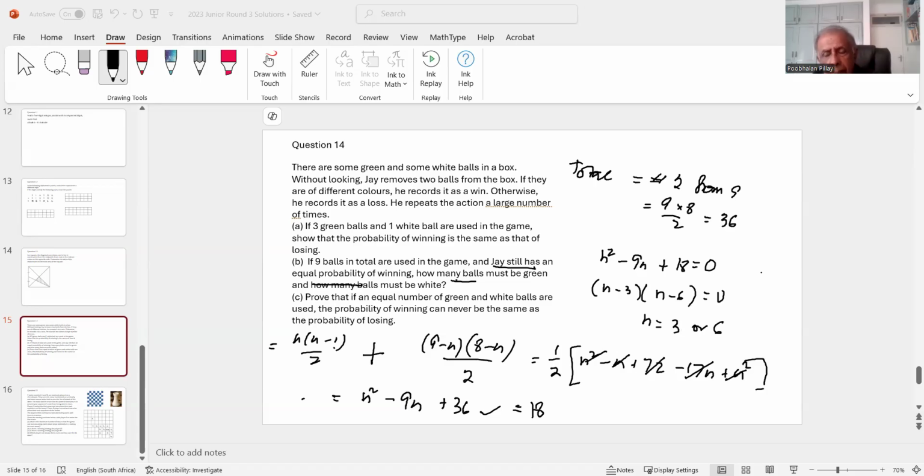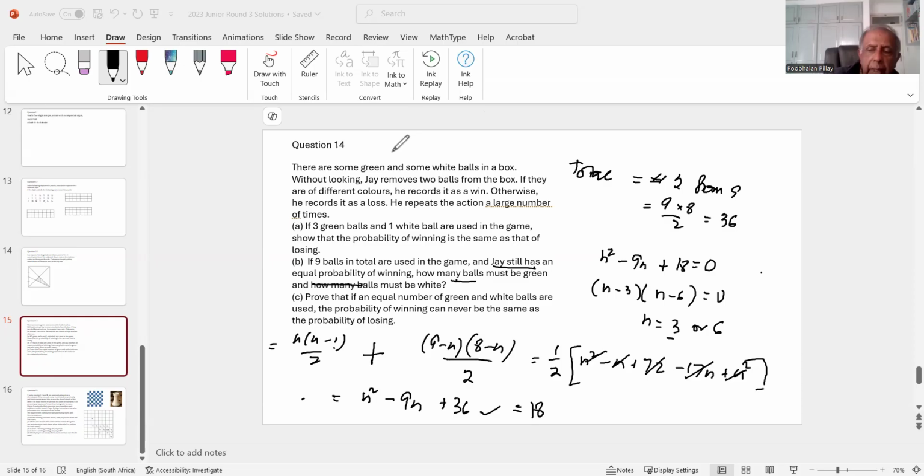In other words, n is the number of green balls, so the number of green is either 3 or 6, in which case the number of white will be 6 or 3.